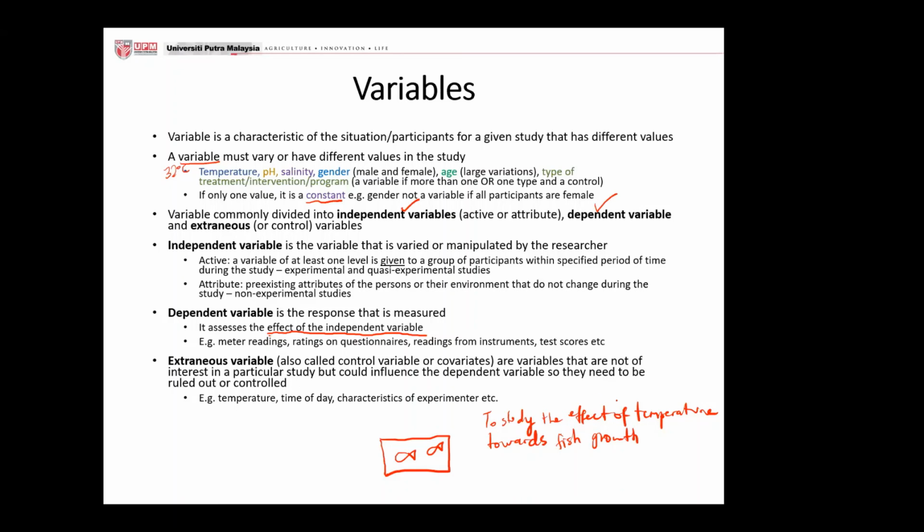From here, you can think about what your IV is. This is the IV, independent variable, and this is the DV, dependent variable. Your independent variable is temperature, because that is what you can manipulate, and fish growth is your DV.